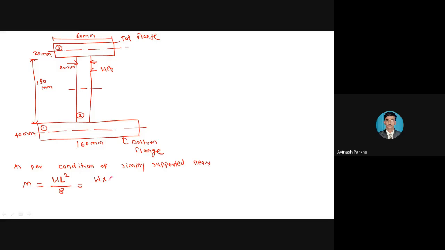Into length is given 6000 square divided by 8. Tell me the value of M in the form of W. That is M is equal to W into 6000 square divided by 8. What is the value?